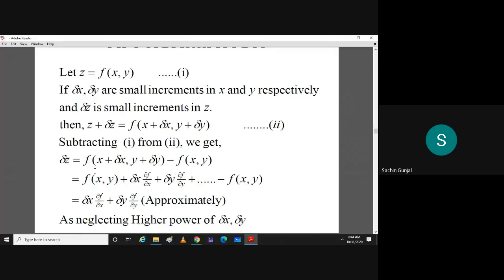Right now you write this as it is. See, the next term will be delta x square double square f by double x square plus delta y square into double square f by double y square and so on. That's the series expansion. So we are neglecting those higher powers of delta x and delta y.